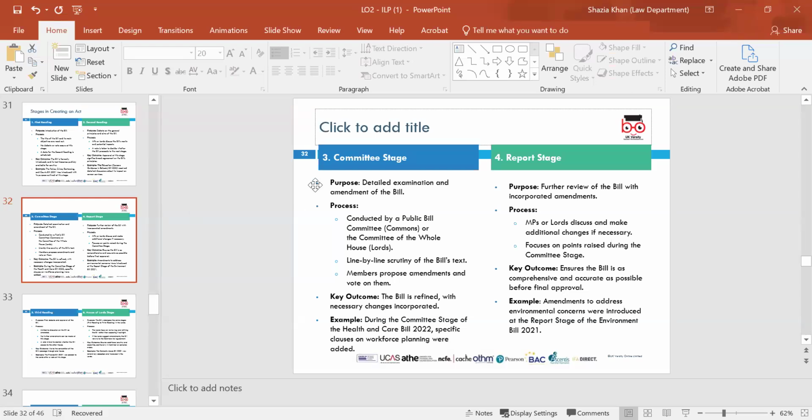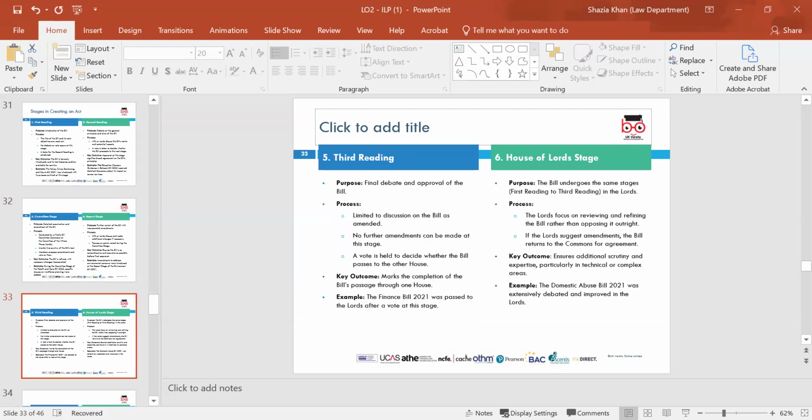And here the example was during the committee stage of the Health and Social Care Bill 22 specific clauses on workforce planning were added. And then the report stage, so any changes can be suggested and debated here, and the MPs focus on points during the committee stage and ensure the bill is comprehensive and accurate for the final reading. So this needs to be going through. The example is amendments to environmental concerns were introduced at the report stage of the Environmental Bill 2021.